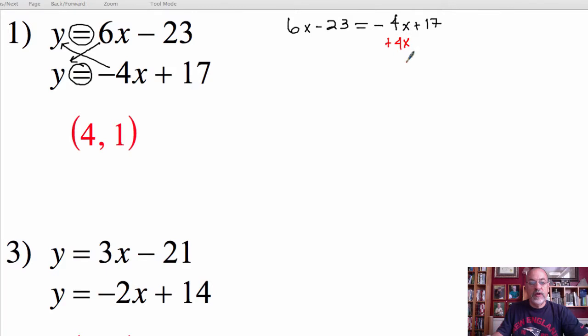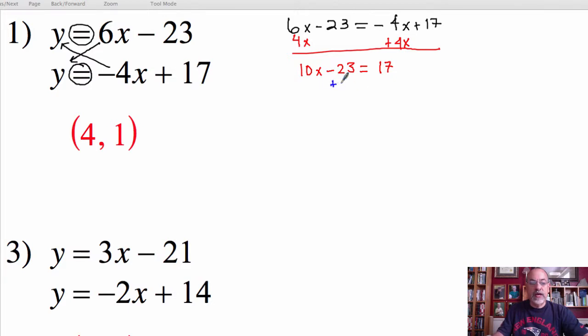So I'm going to add 4x to both sides so that x is no longer over here. So these added together is going to give me 10x. Minus 23 still over here. I then have my equal sign. Negative 4x and 4x is 0, so I don't have to write that, or plus, because I'm going to have another number over here, 17.